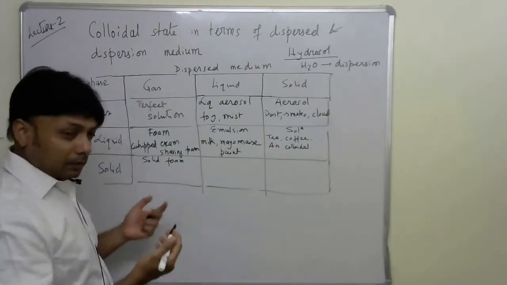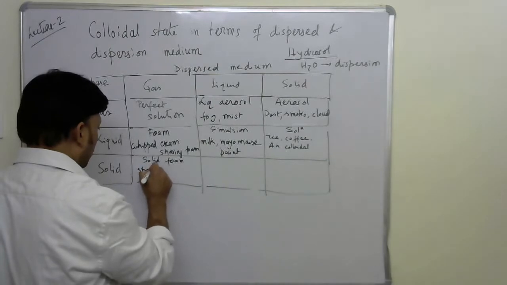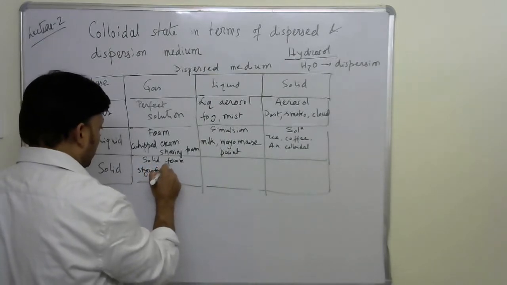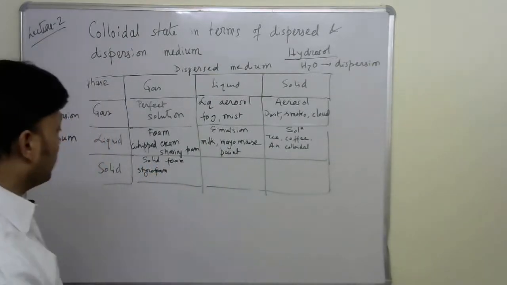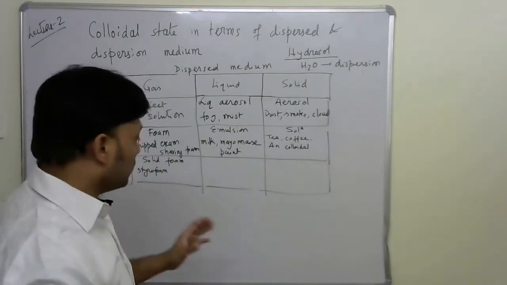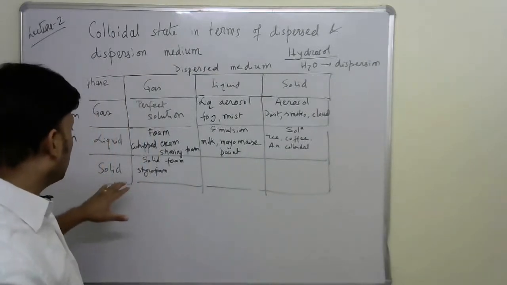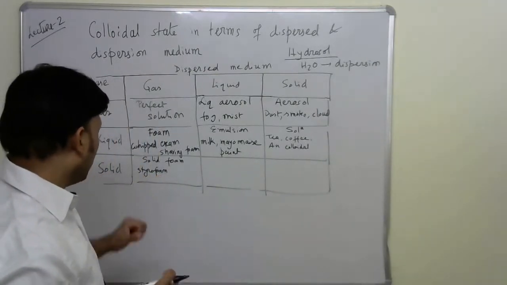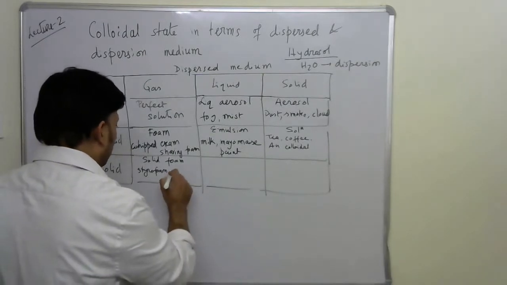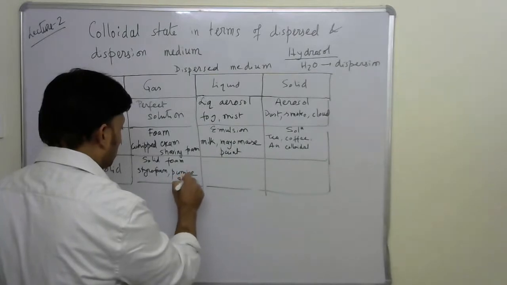And one thing we can easily think about is the styrofoam. Okay, so this is a material, light material. You have heard about it. So it's a kind of a polymer, and so gas molecules are dispersed in those solid polymer. So it is called the styrofoam. And another example is a type of stone known as a pin stone.